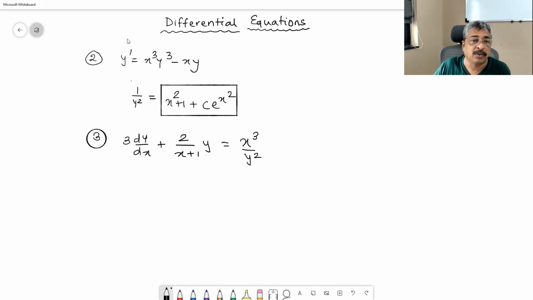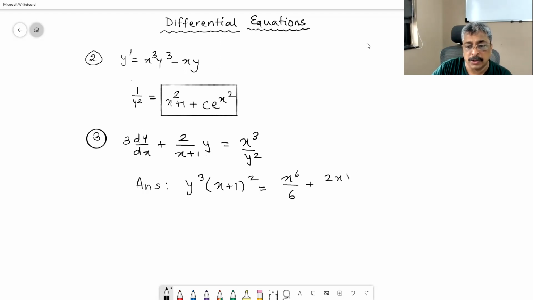Okay, show me your answer, whatever it is. Okay, the answer for this is y cube into (x plus 1) bracket square is equal to x raised to 6 upon 6 plus 2x raised to 5 upon 5 plus x raised to 4 upon 4 plus c.